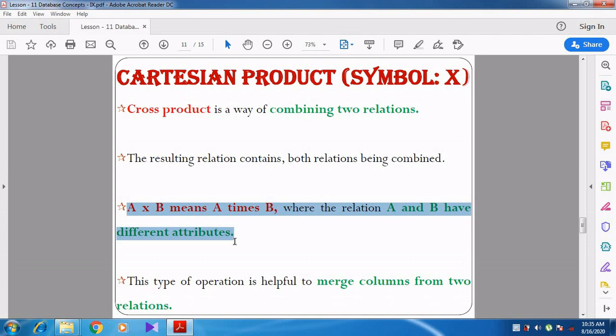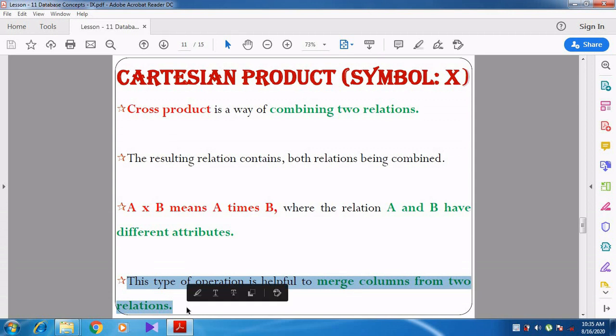A should be multiplied by the table B. This type of operation is helpful to merge the columns from the two relations. So whenever we are doing this type of operation, we can merge all the columns from relation A and relation B, that is table A and table B.